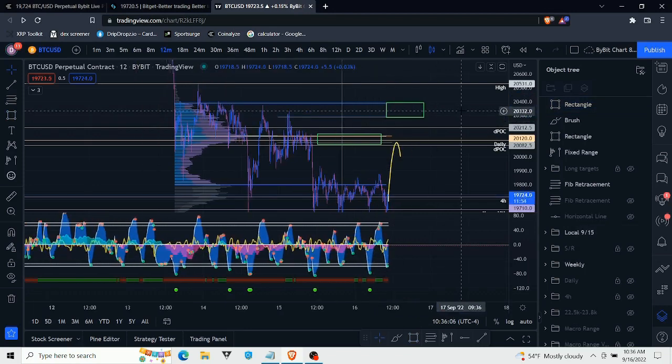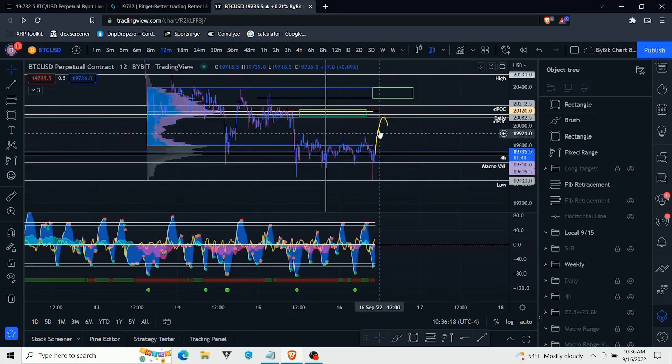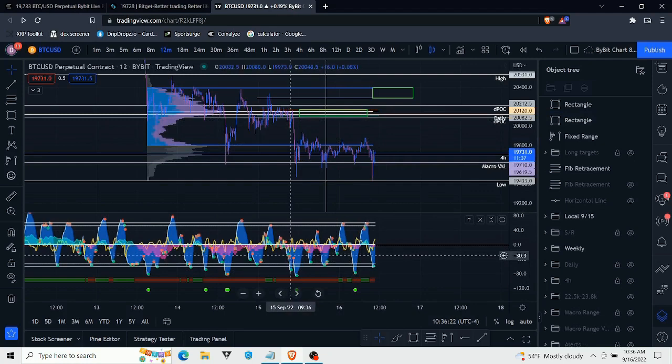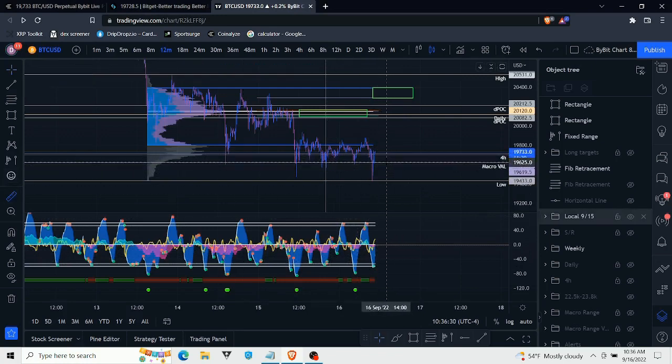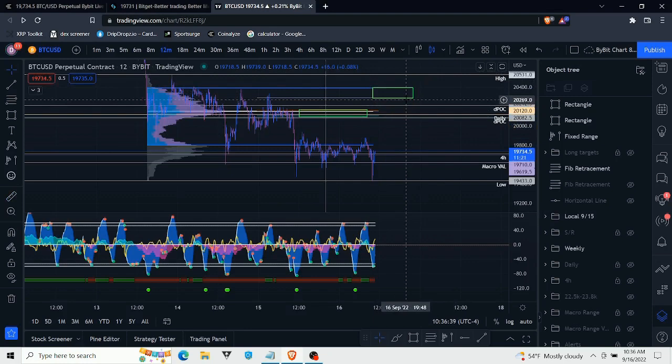So, you just want to be looking for confluence inside of this range. Just using basic confirmations, bullish divergences, money flow trending in a direction, you can get some very nice trades inside of these ranges. And these aren't necessarily small ranges. I mean, we still got almost 4% to go before we get to the top of the range.